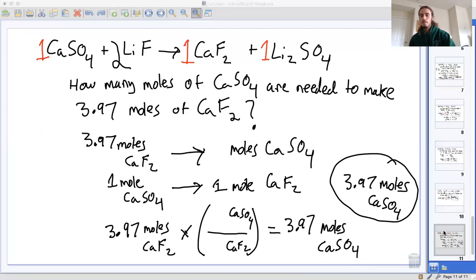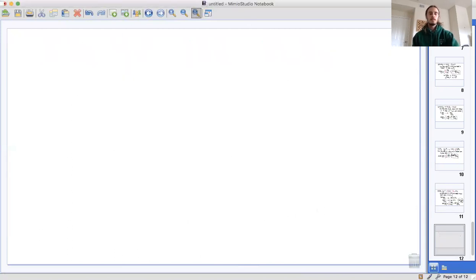Now, the coefficient for calcium sulfate is 1. So I'm going to put a 1 there. And the coefficient for calcium fluoride is also 1. So I take 3.97 and I multiply by 1. That gives me 3.97. All right. Let's see.